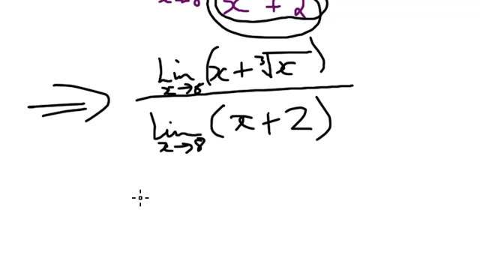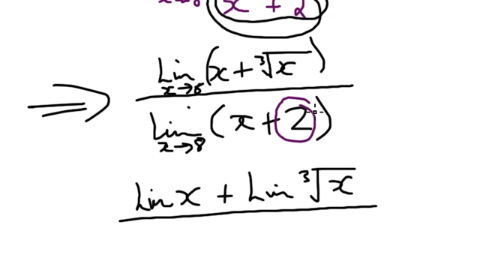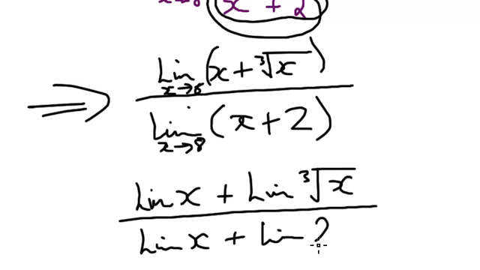So this then becomes the limit of x plus the limit of the cube root of x, all divided by the limit of x plus the limit of 2, and again x tends to 8 in each.